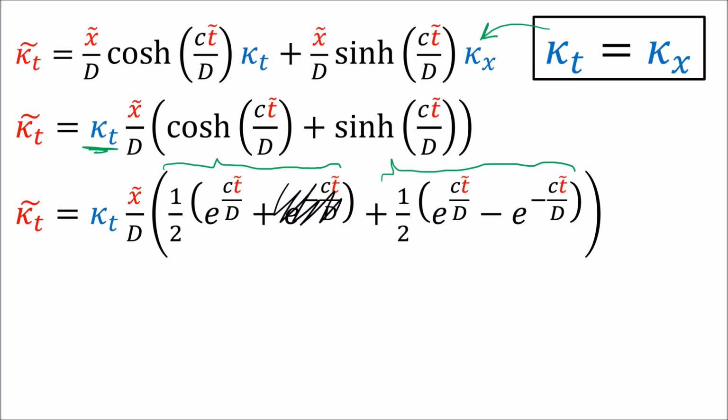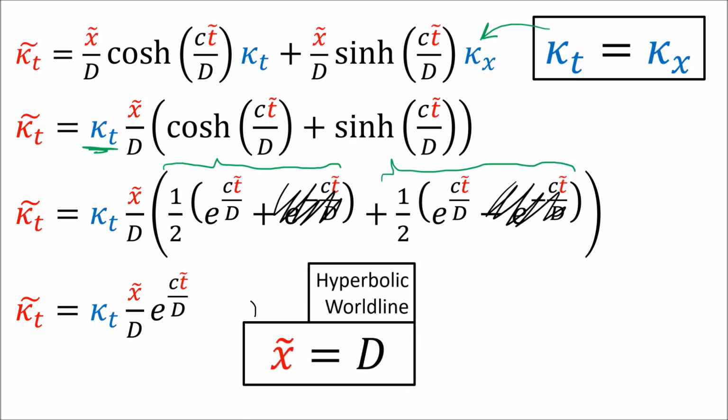The negative exponentials cancel, and we're left with the conversion factor between Rindler and Einstein's time wave numbers, depending on both time and space, with this exponential. In the case of Rindler's hyperbolic world line, he has a constant x tilde coordinate of D. So D over D just goes to 1, and we find that the frequency conversion only depends on time.